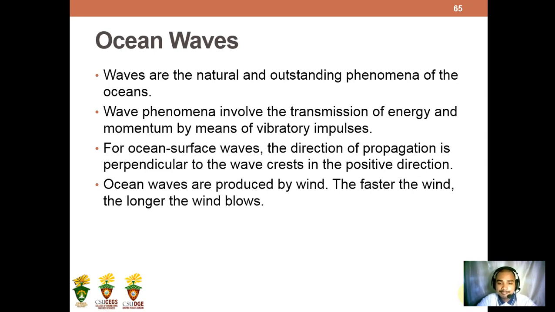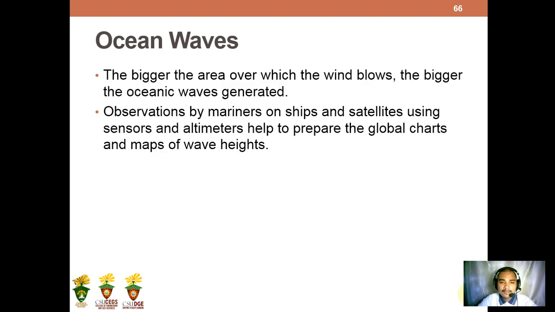So when winds over the oceans blow on the water, they can create waves. And the bigger the area over which the wind blows, the bigger the oceanic waves generated. So if the area is bigger, and the wind stronger, the waves generated are also bigger.